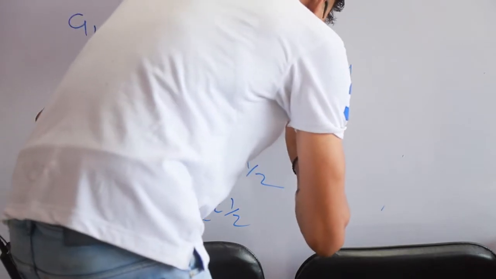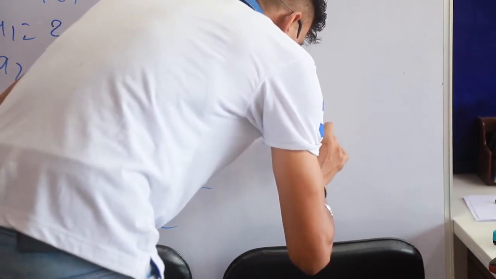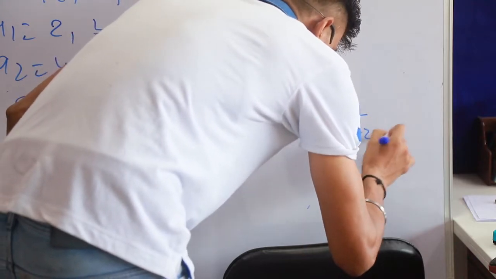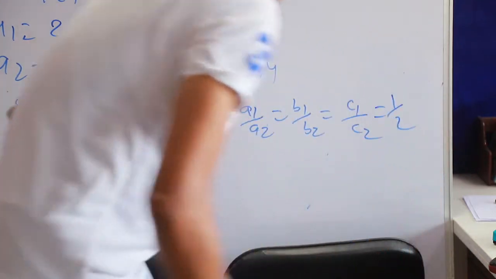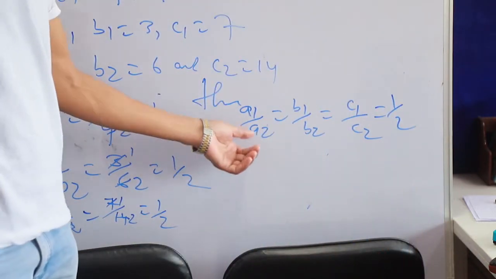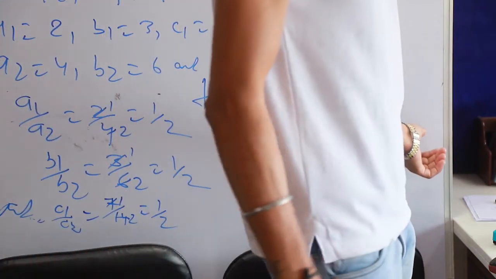Here a1 by a2 is equal to b1 by b2 is equal to c1 by c2. That means how much are we getting? The value of the fraction a1 by a2 equal to b1 by b2 equal to c1 by c2 is equal to 1 by 2.